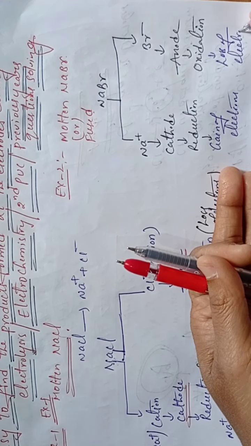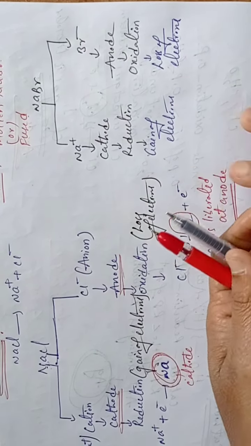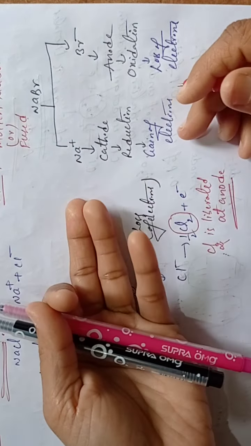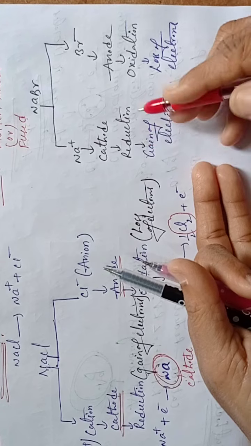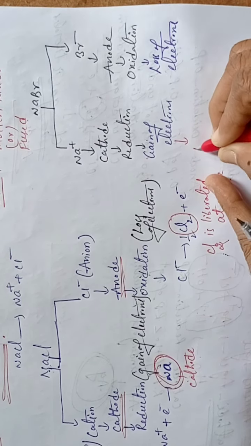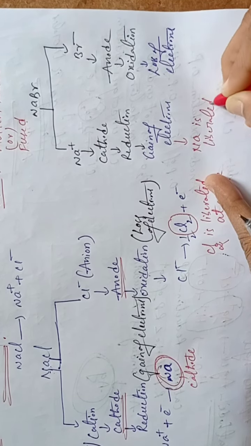Here, by gain of one electron, Na plus is converted into sodium. So sodium is liberated at the cathode.